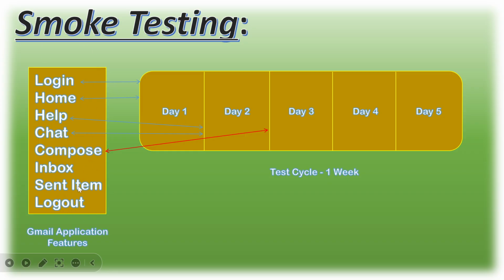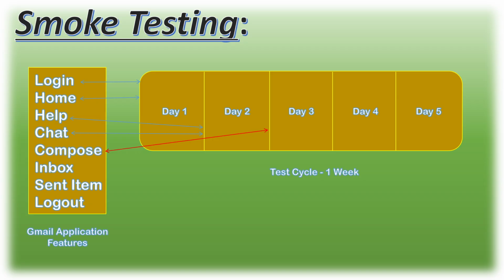These are the features that have been developed and we need to test. So this is our test cycle, and suppose our test cycle is 1 week. That means we have 5 working days in our 1 week. Right? So if we start our testing activities, how can we test?